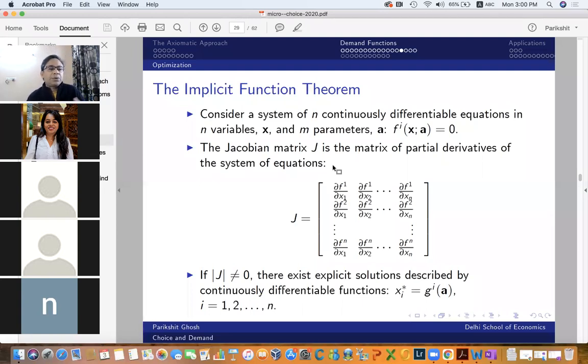In many economic models, the model essentially boils down to a system of equations. So if you take the model of consumer's optimization, rational choice of a consumer with well-defined preferences, what did we do? We set up this constraint maximization problem, utility maximization given a budget constraint, and we apply the first order condition.